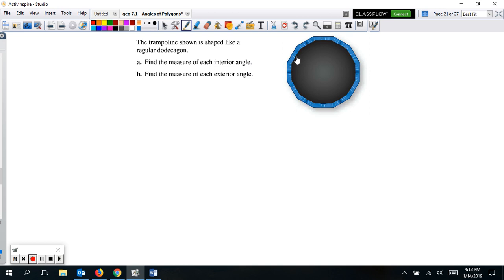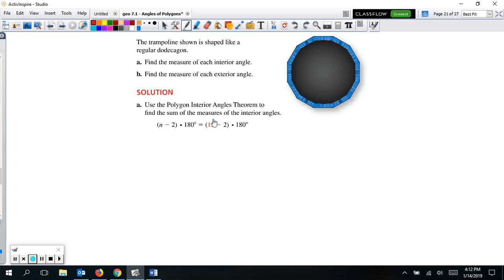The measure of each interior angle here, it says it's a regular one, so they're all going to be the same. So we first want to figure out the sum of all of the measures on a dodecagon. We're going to use that same formula we saw before, n minus 2 times 180. So n is 12 on this one because there's 12 sides, minus 2.